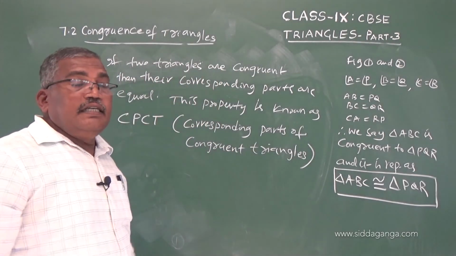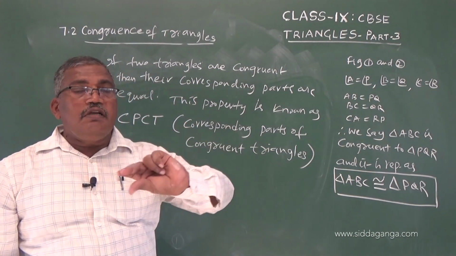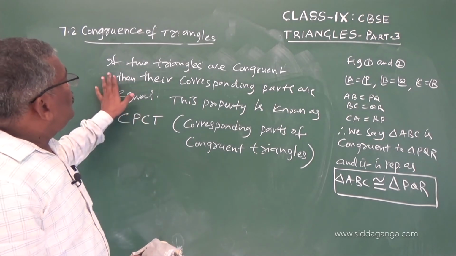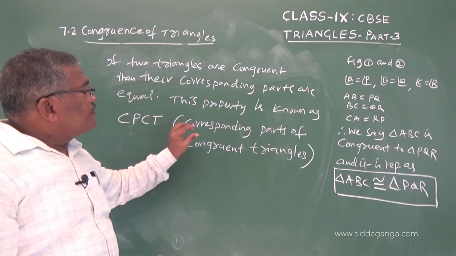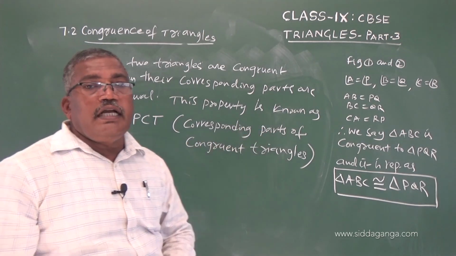If I write CPCT, that means corresponding parts of congruent triangles. So CPCT stands for corresponding parts of congruent triangles.